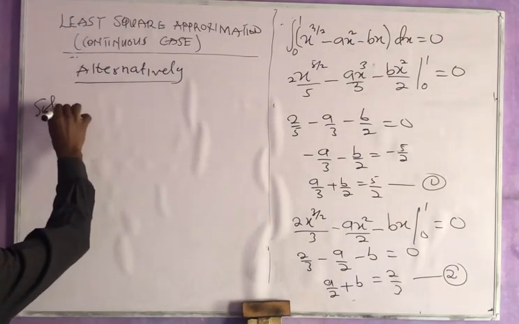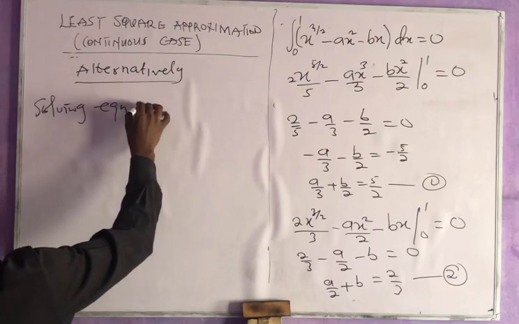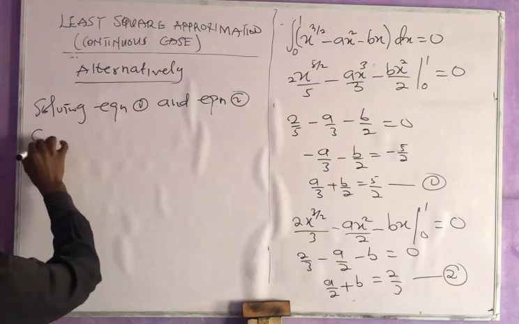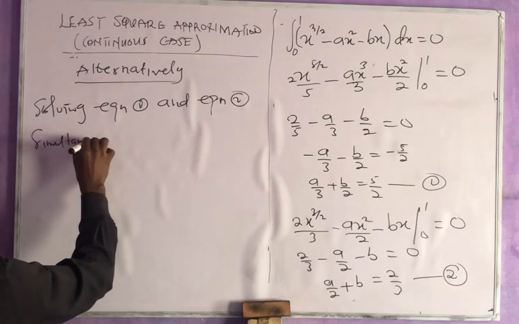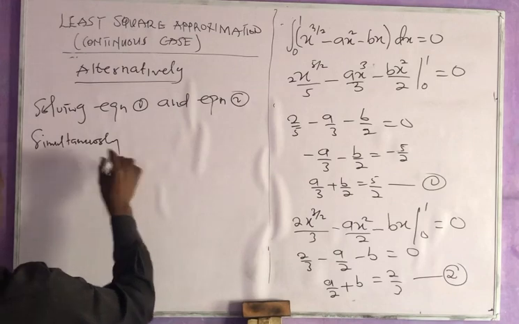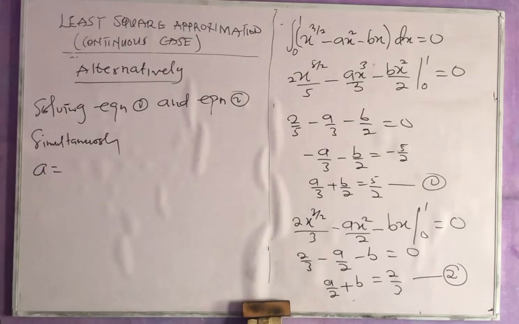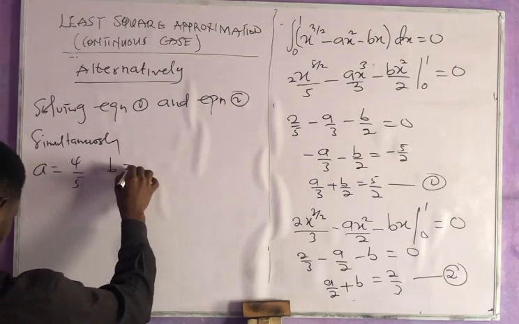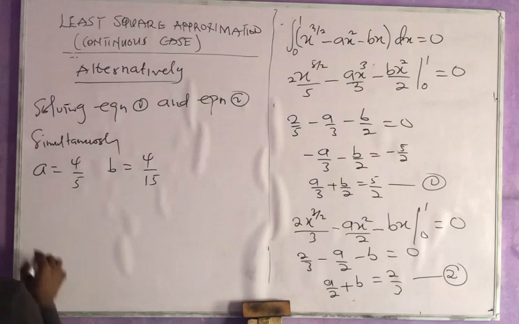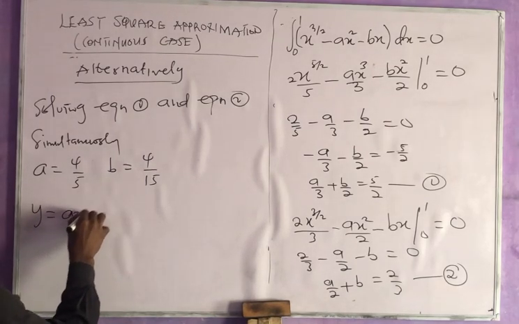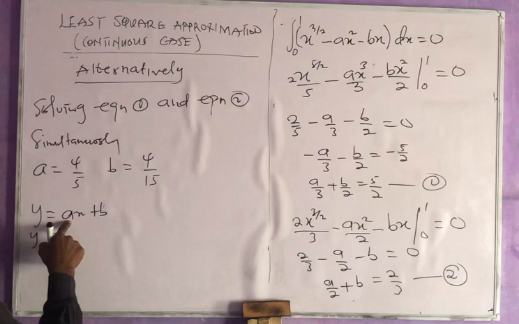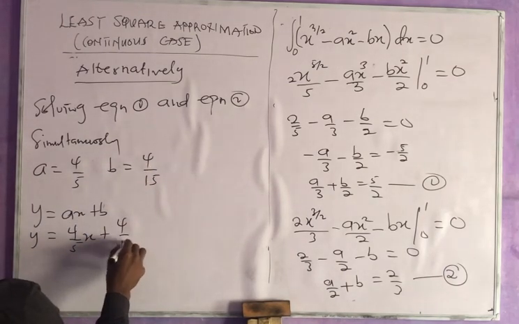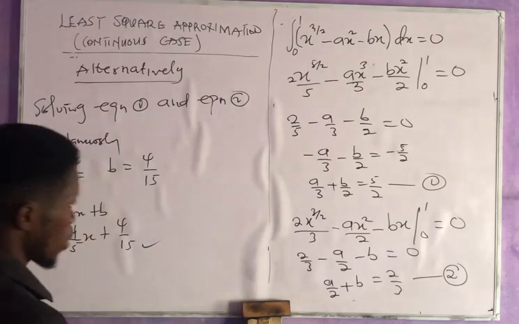Solving equation 1 and equation 2 simultaneously, you get the same answer, a to be 4 over 5 and b to be 4 over 15. But you know our line was y equals ax plus what? b. So y equals, a is now 4 over 5 x plus b is 4 over what? 15. So this is what we are looking for.